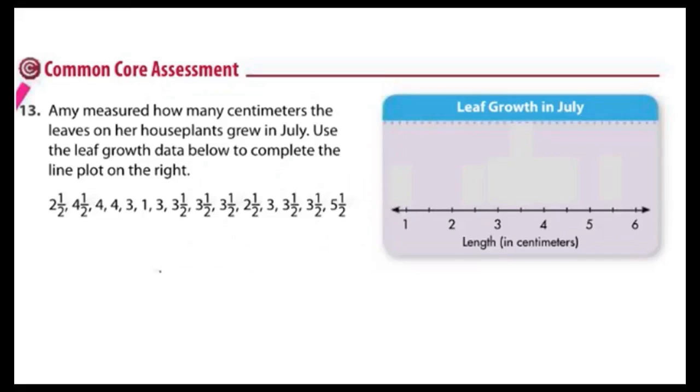After reading all the given data set, after focusing on it, after determining the frequency for each value, start to set them up on the number line and start to count and draw the dots for each value.